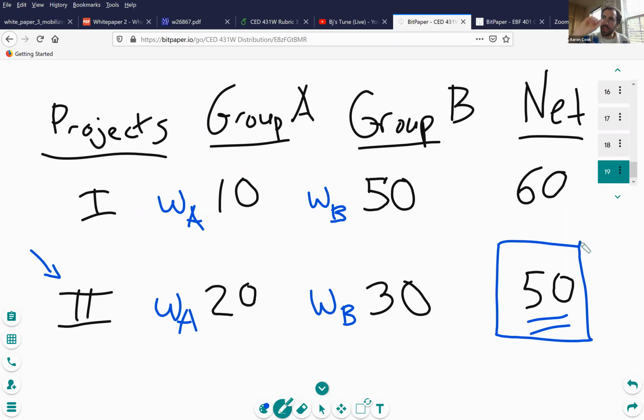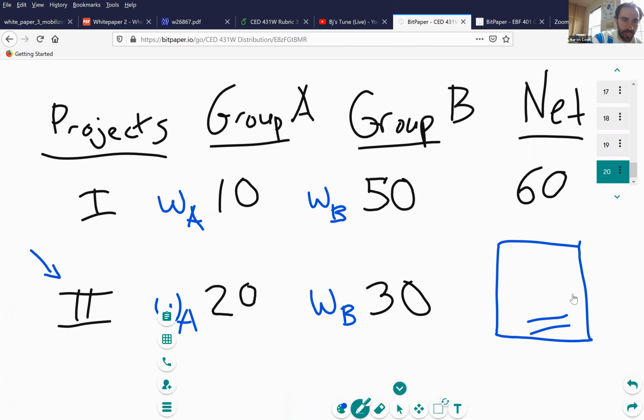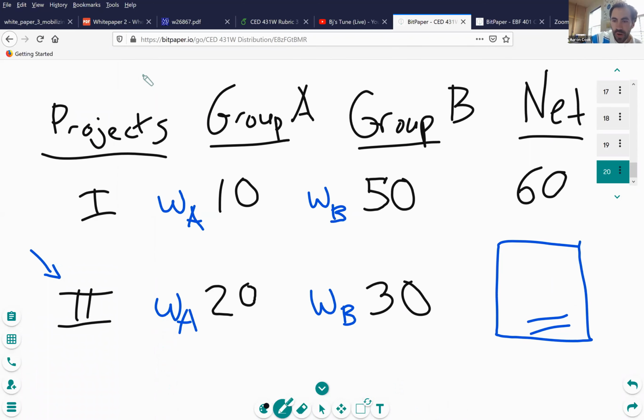So we can actually adjust this number from 50 to something else. We know it's at least 60, right? We know that because we observed the politicians choosing project 2.